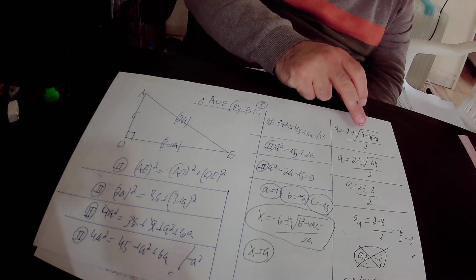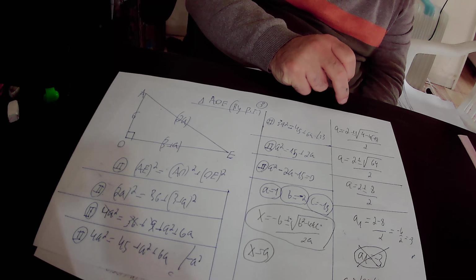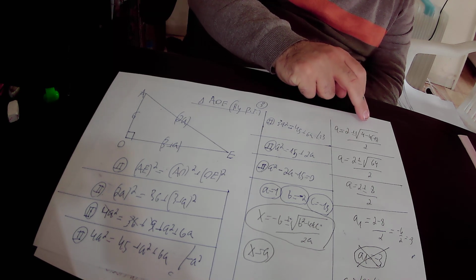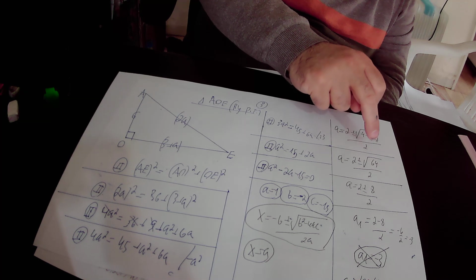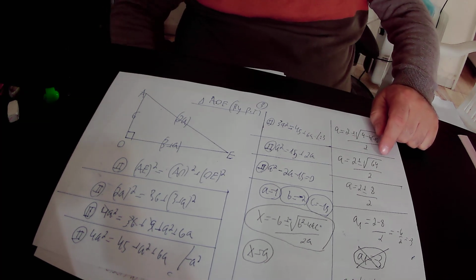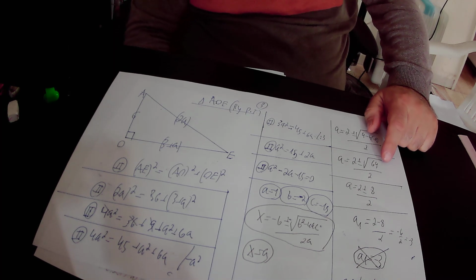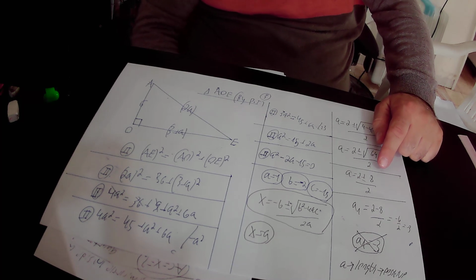Over 2a, a is 1, so 2 times 1 is 2. So here we found out that A equals 2 plus minus, minus 4 times minus 15 is plus 60, and 60 plus 4 is 64. So inside the root we are left only with 64. So A equals 2 plus minus square root of 64 over 2. The square root of 64 is 8. So A equals 2 plus minus 8 over 2.